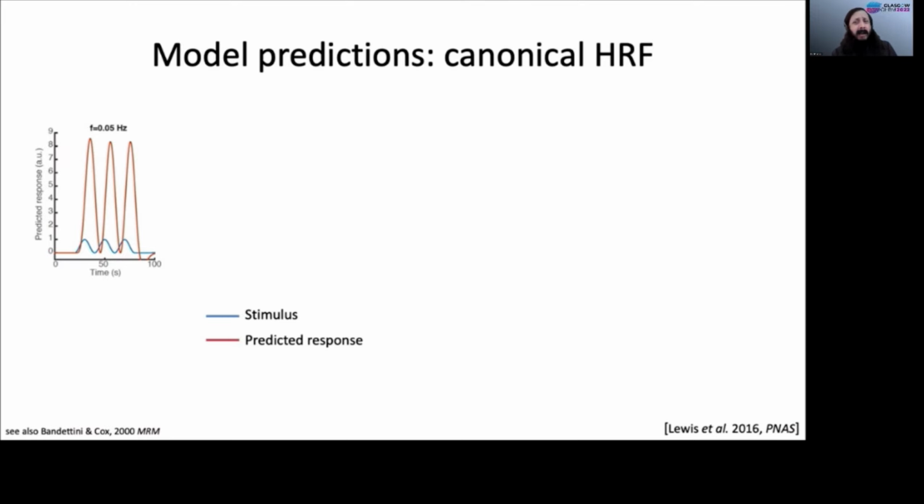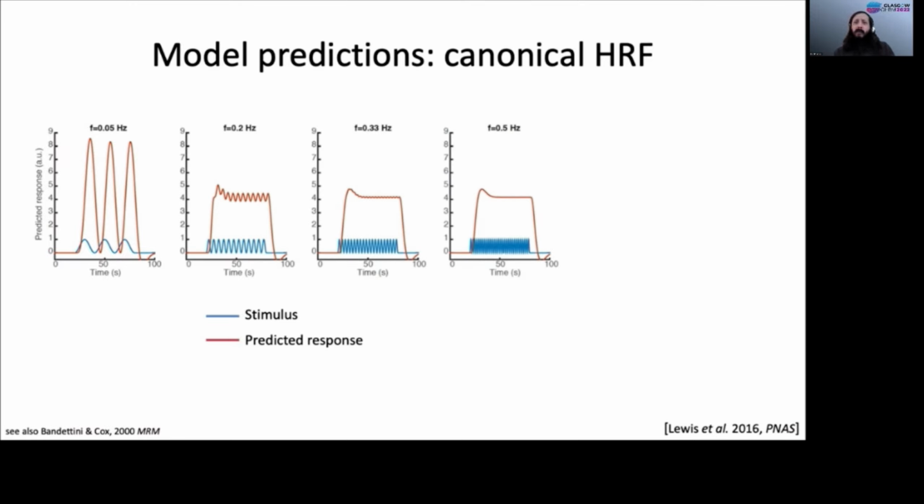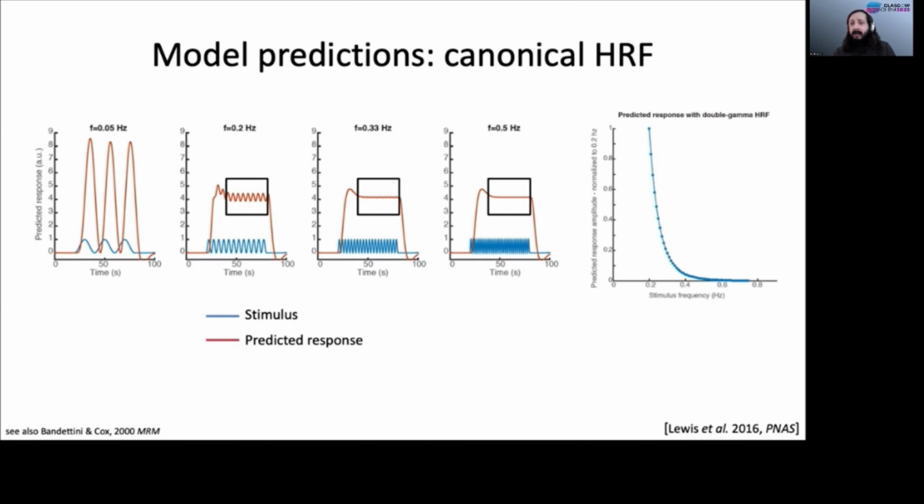However, as we move to higher and higher oscillation frequencies, to the point that the oscillation period is short compared to the temporal width of the hemodynamic response function, we see that after an initial transient, the BOLD response oscillates around a new baseline or plateau, and the amplitude of the oscillations around this plateau gets smaller and smaller with higher frequencies, exponentially, but never quite reaches zero. So the question is, what oscillation frequency might we be able to detect with our BOLD fMRI data?